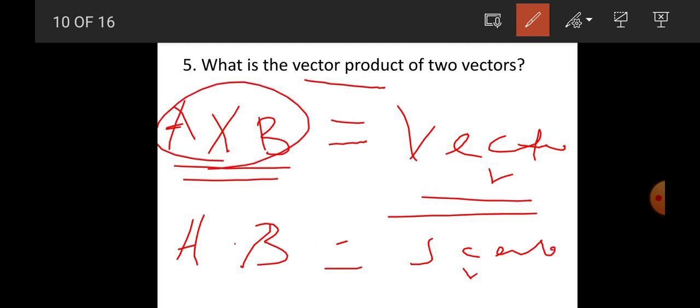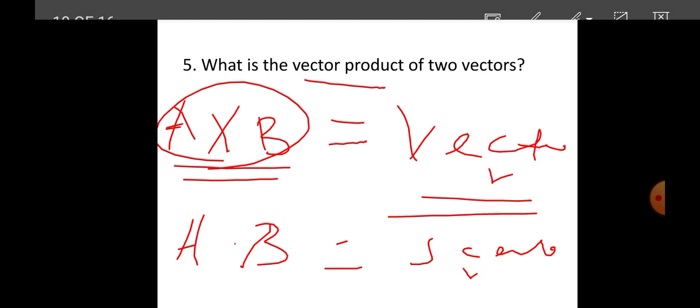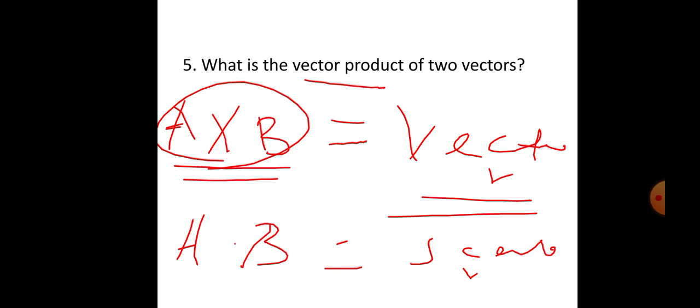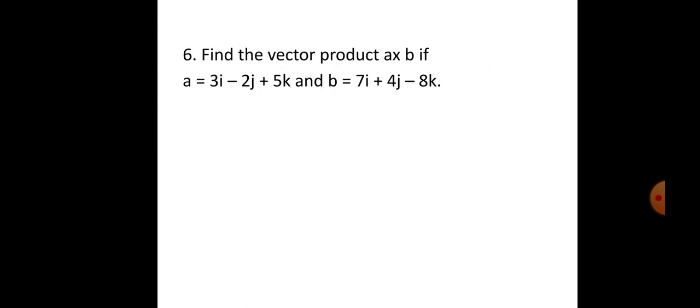The cross product of two vectors is a vector, and the dot product of two vectors is a scalar.